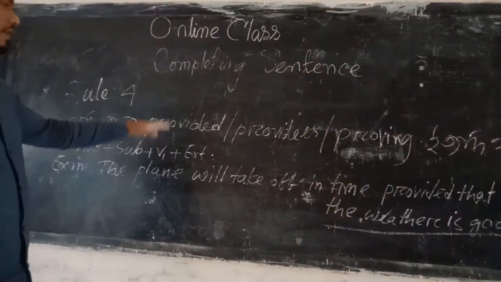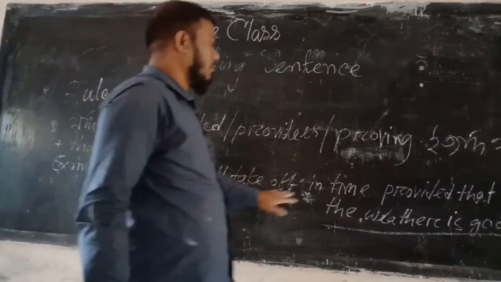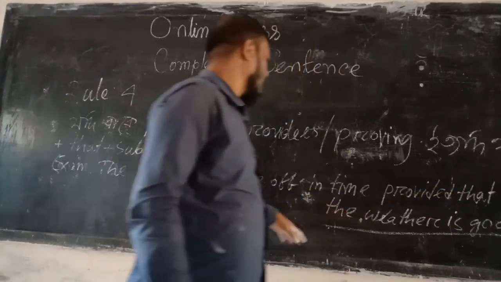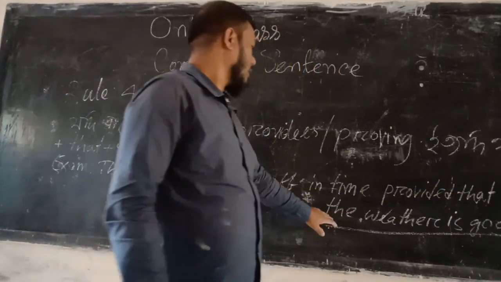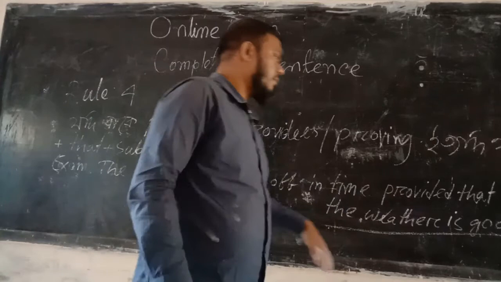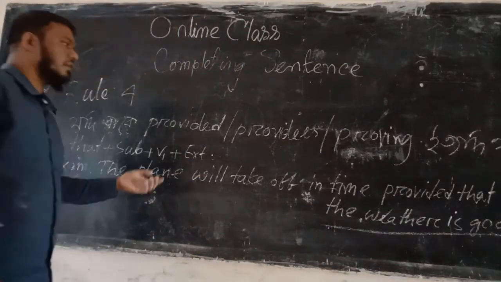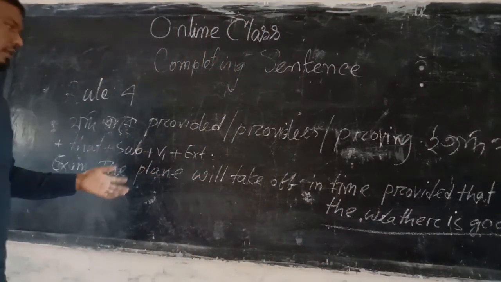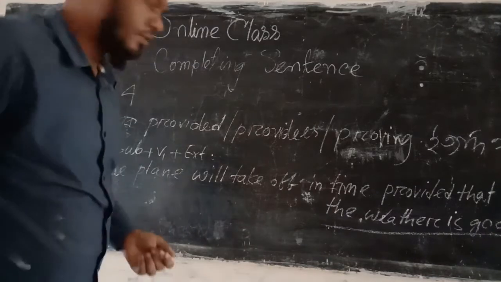That means if we find the words provided, provides, providing, etc. in the sentences, we have to use the subject plus the present form of the verb, then the extension according to the meaning and demand of the sentence. I hope that you have understood.